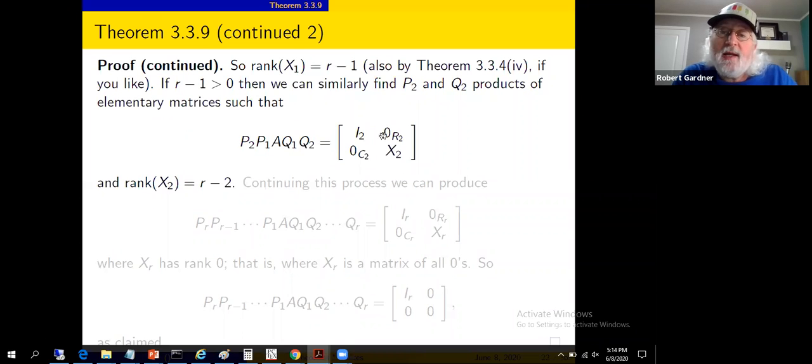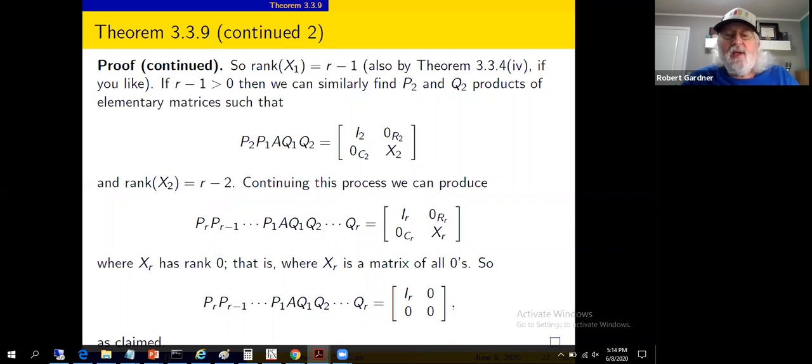Remainder of the first and second rows, all zeros. So it's the way it should be. And we get an X sub 2 down here, and the rank's reduced by 1. Again, same argument as above. So keep doing that until we've got I sub R here, an R by R identity, where R was the rank of the original matrix, zeros here, zeros here.